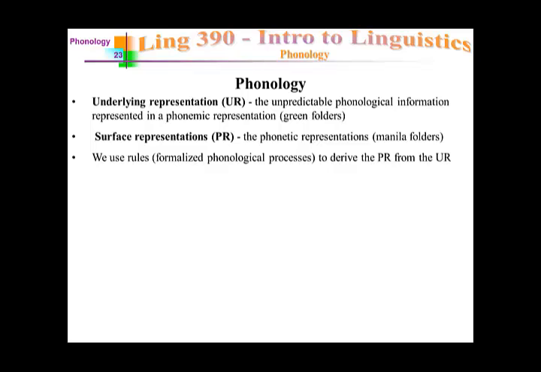This is what your mouth actually produces, and your mouth only knows which sound to actually produce after you have opened up the green hanging folder and taken out a manila folder. The process of opening up the green hanging folder and knowing which manila folder to take out is governed by what we will call phonological rules.